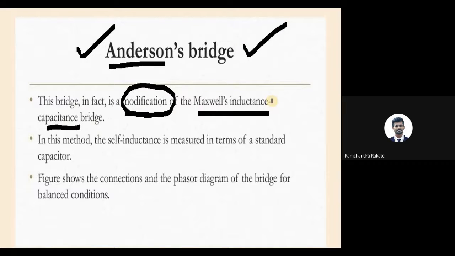It means there are certain loopholes in the Maxwell bridge, which were identified by Anderson. With that base, he proposed some methodology with some kind of modification that is known as the Anderson bridge, not the Anderson double bridge.